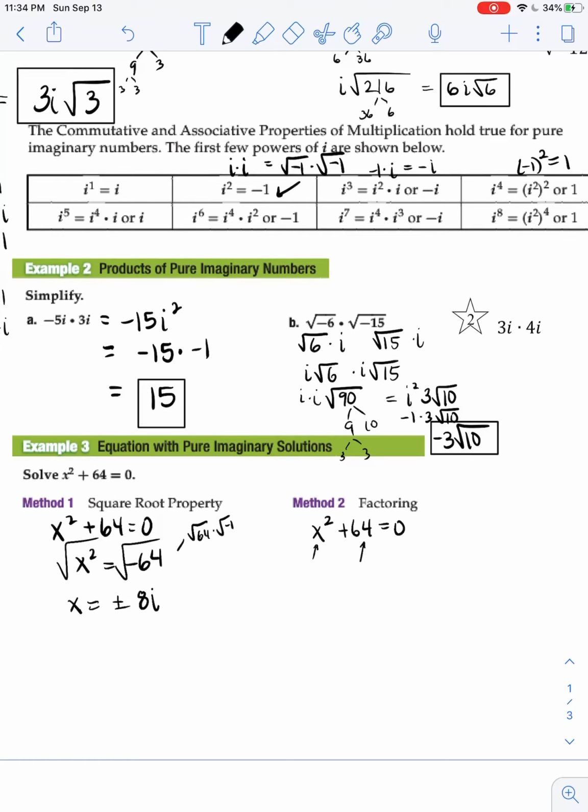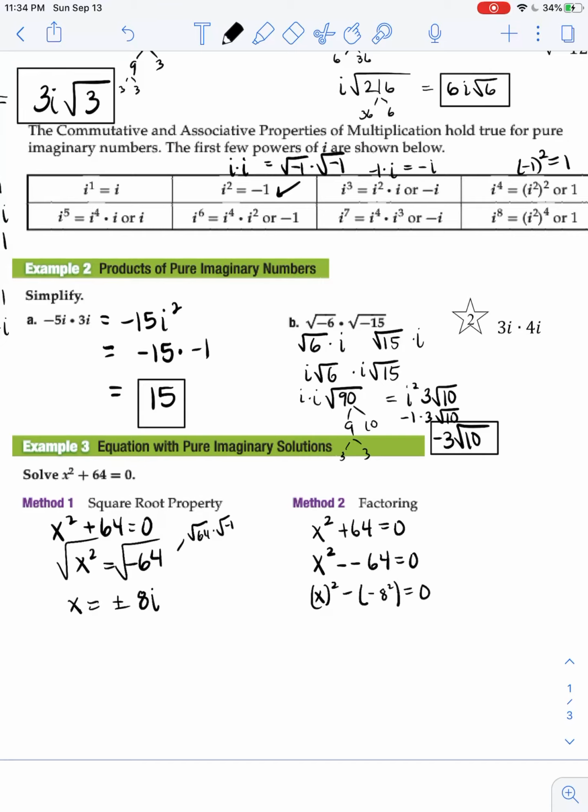But this is not the difference of squares because it's being added together. But we can turn it into the difference of squares if we go x squared minus negative 64. Keep in mind this is an imaginary number. So that's x squared minus, and then this is going to be negative 8 squared.